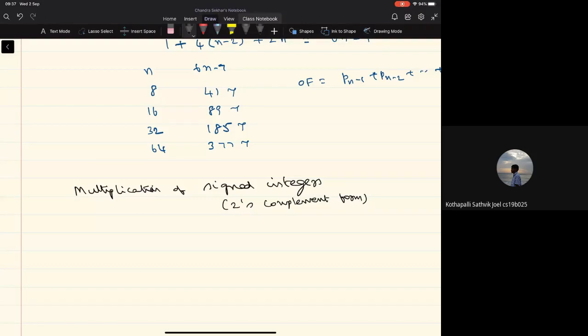So what is the product that we are generating? Z, which is the product of X and Y.